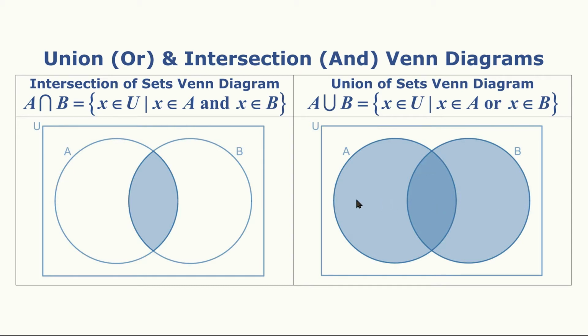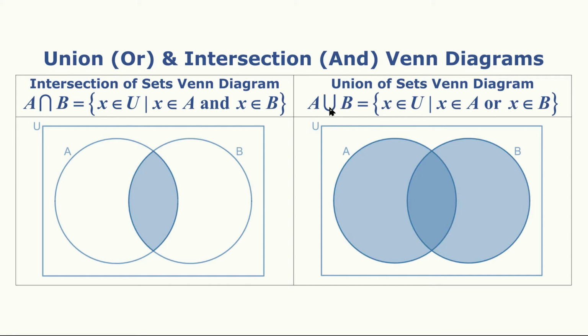This becomes darker because there's an overlap here. So any members in here are going to be counted twice unless you take one count out, which we always make sure we do in various contexts where this kind of notion comes up.